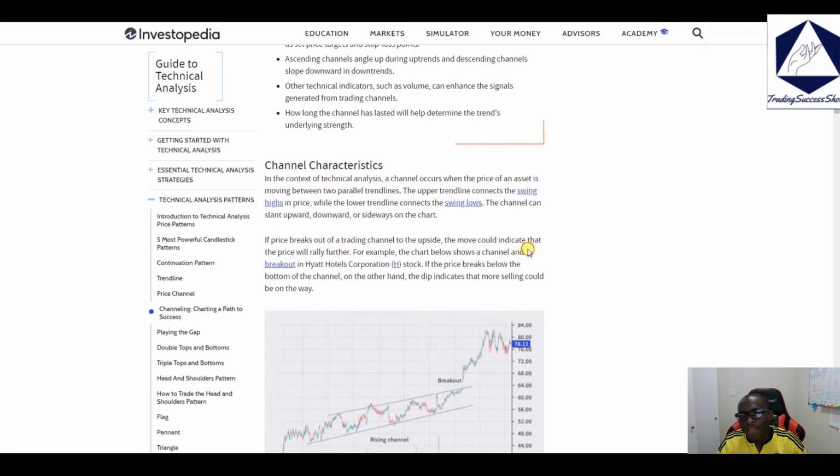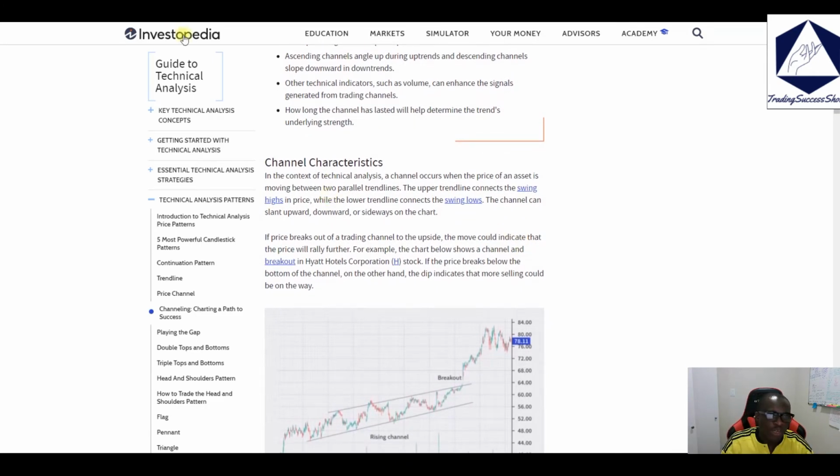You can easily go into more detail on Investopedia on what a channel really is. But looking at the context of technical analysis, a channel occurs when the price of an asset is moving between two parallel trend lines, right?